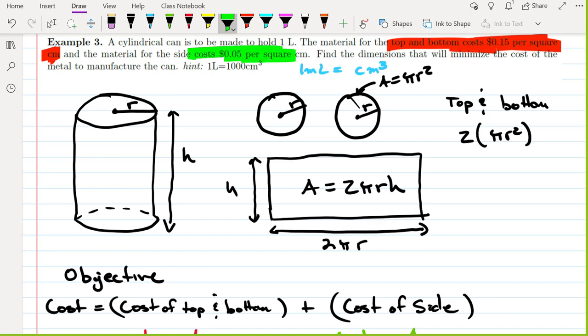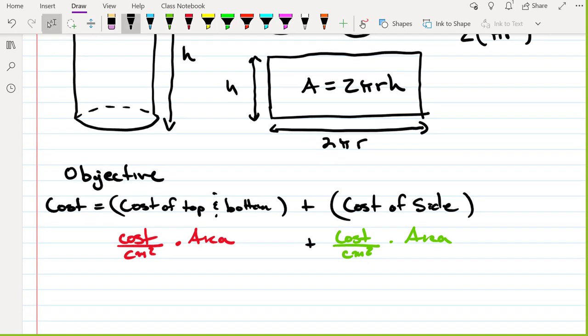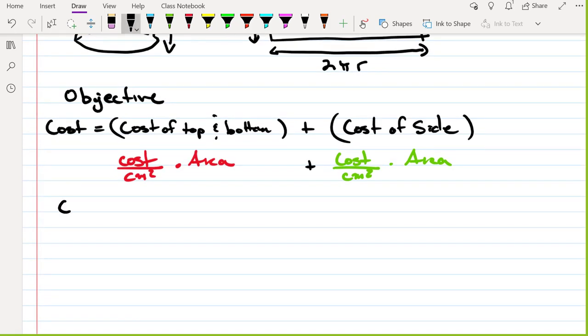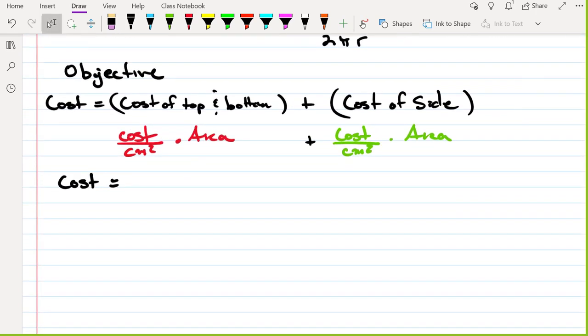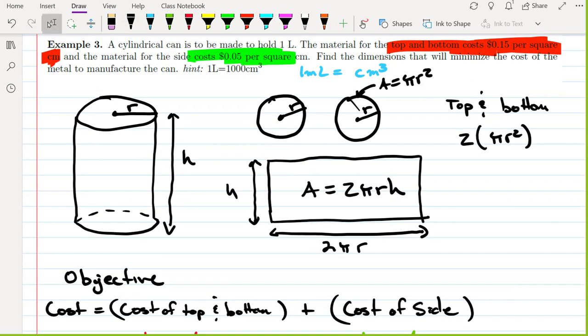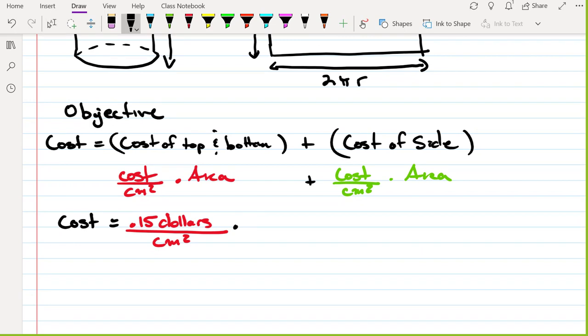And now we're going to put all of these things into our formula to get our objective function. So our cost per square centimeter for the top and the bottom is 15 cents. So we're going to have $0.15 per centimeter squared times our area. And the area of the top and the bottom is 2 times pi r squared.